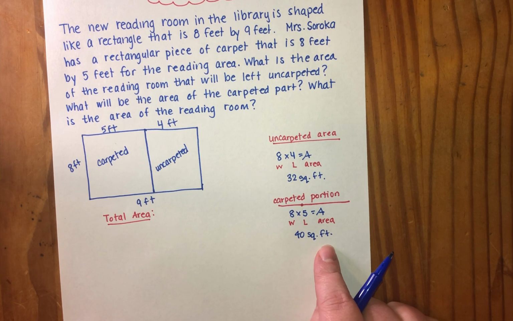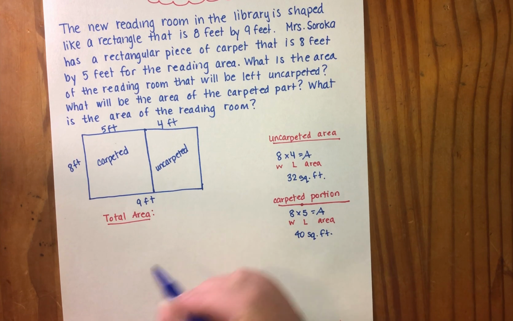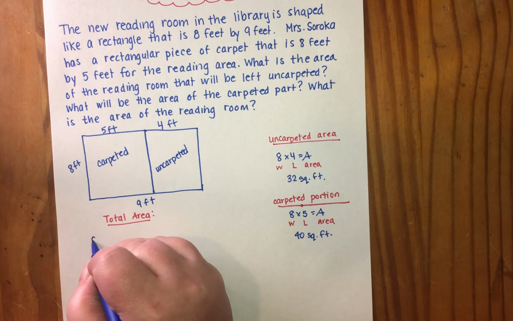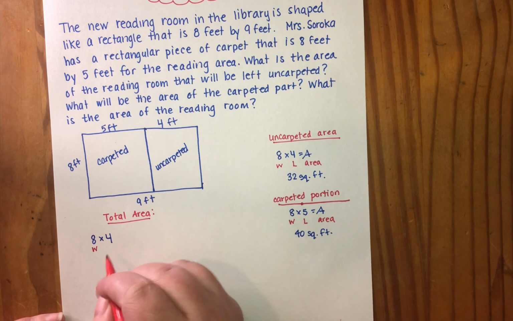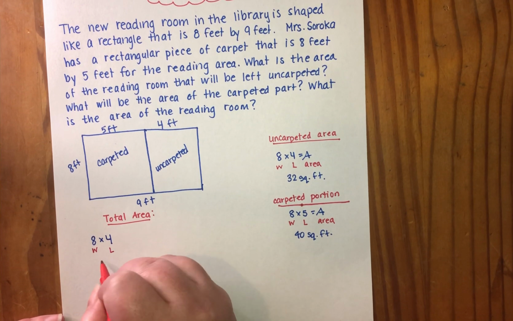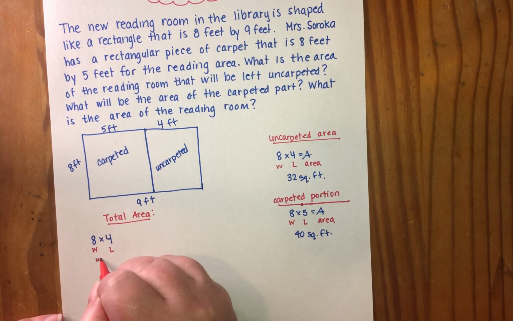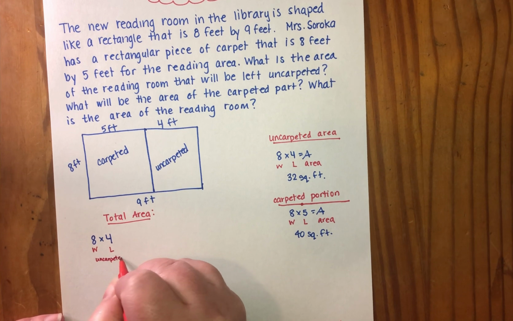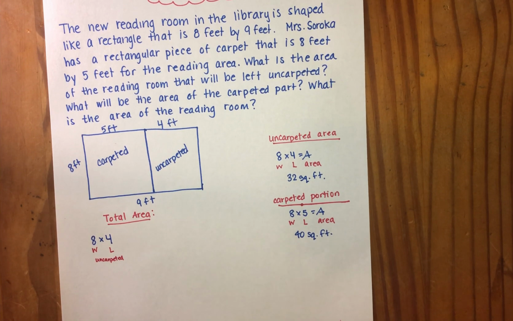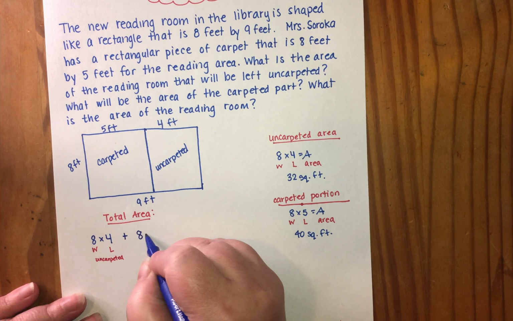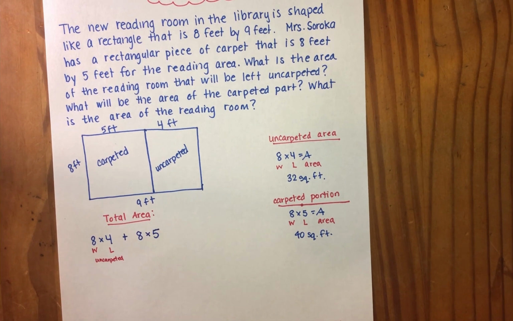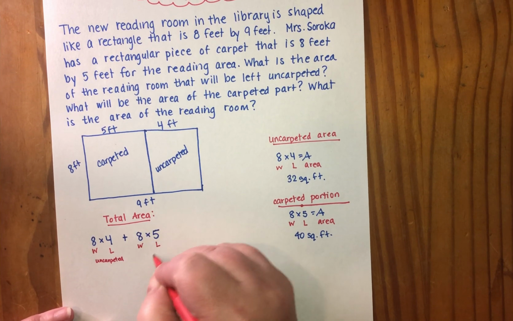I heard some scholars say that they could write the expression used to find the area of the uncarpeted area, where 8 is the width, 4 is the length, and add it to the expression used to find the area of the carpeted area, where 8 is the width and 5 is the length.